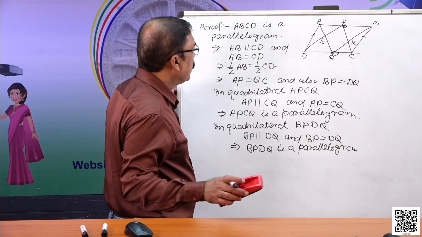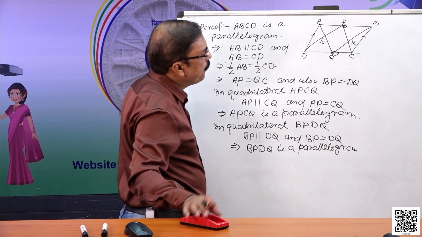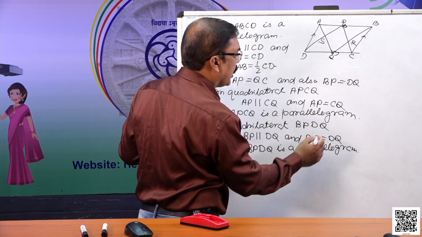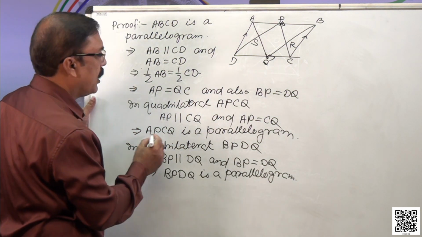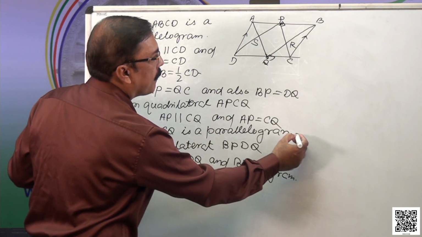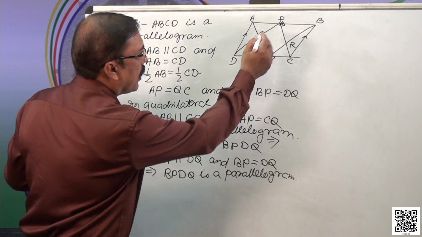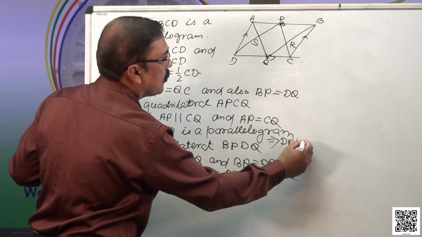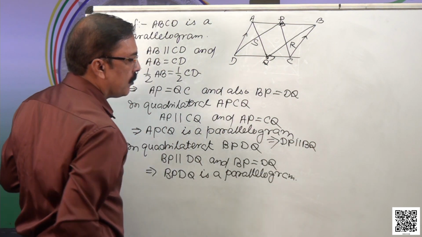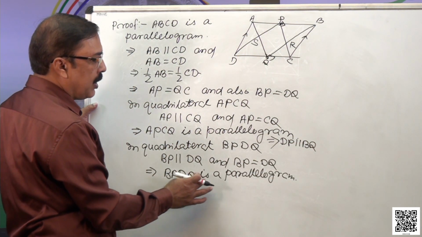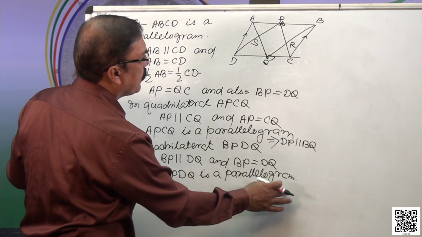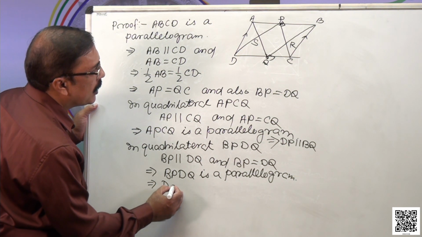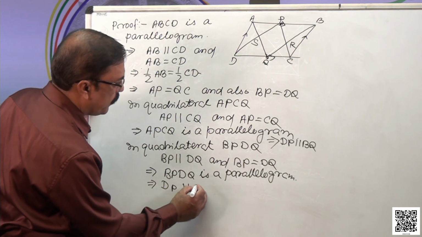As we proved that APCQ is a parallelogram, from this we can say that DP is parallel to BQ. Similarly, as BPDQ is a parallelogram, we can write from that DP is parallel to BQ.